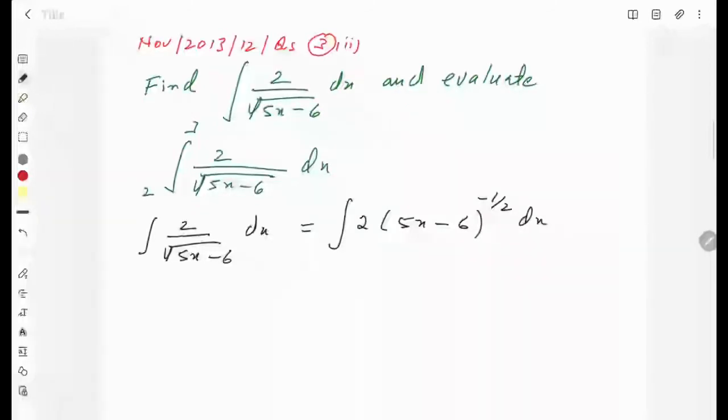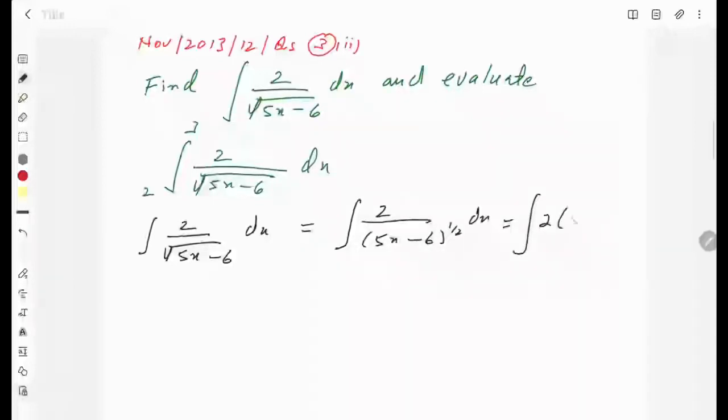Or if you want me to do one more step for you, you can write 5x minus 6 raised to the power half in the denominator. Then you can do this step, taking half in the numerator.